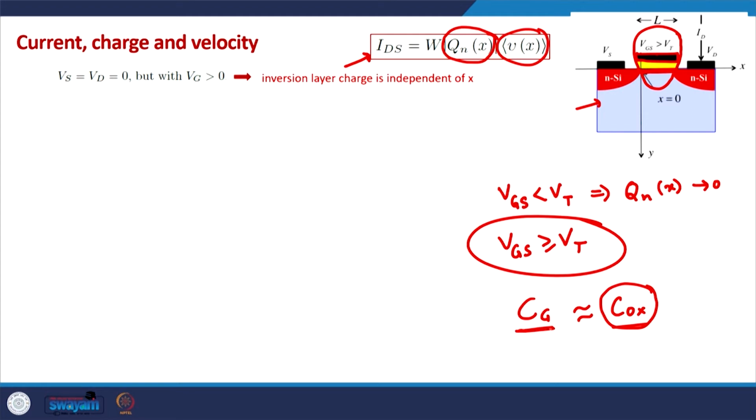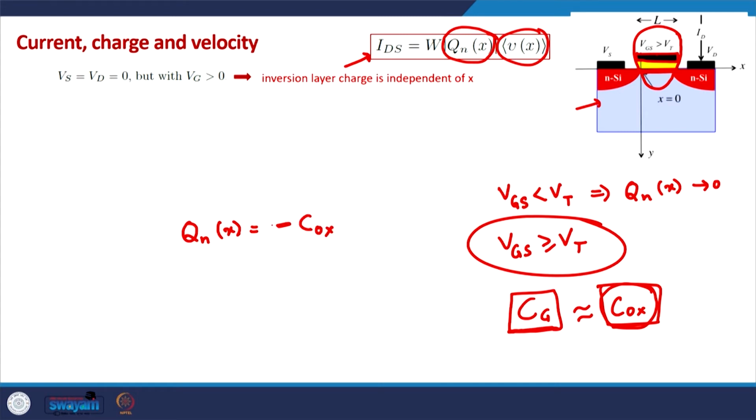So, if we have a capacitor with capacitance Cg or Cox, let us say, and we know the voltage applied across it, we can easily deduce the charge that appears on the plates of the capacitor. So, the charge in the channel can be written as minus Cox, because we are applying a positive voltage on the gate side.